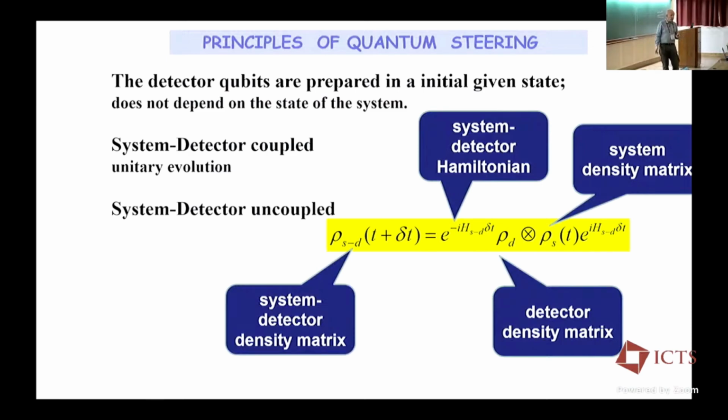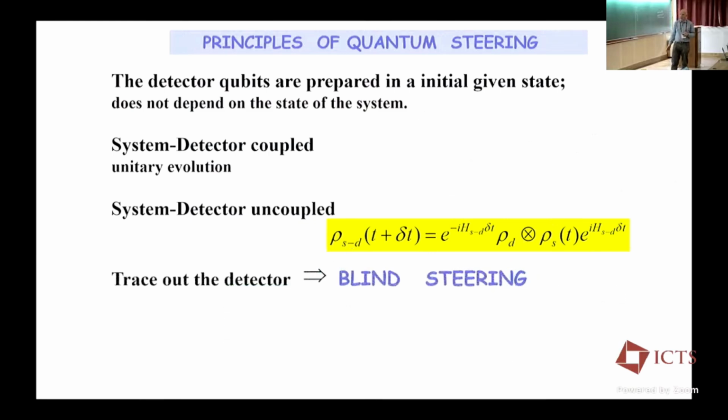So mathematically, this amounts to tracing out over all the possible readouts of the detector, and I will refer to it, for obvious reasons, as blind steering.